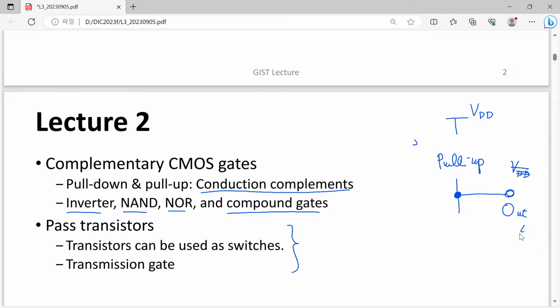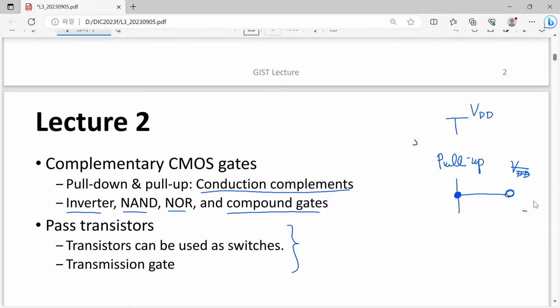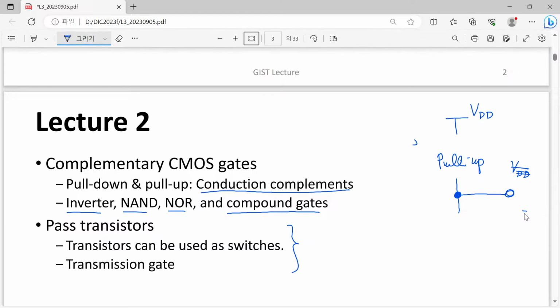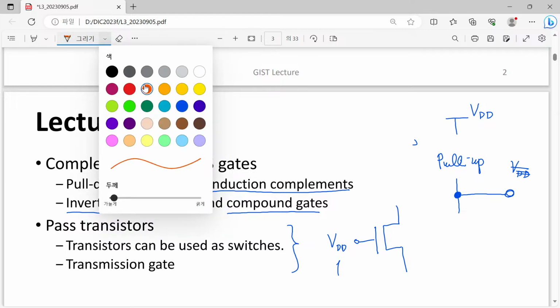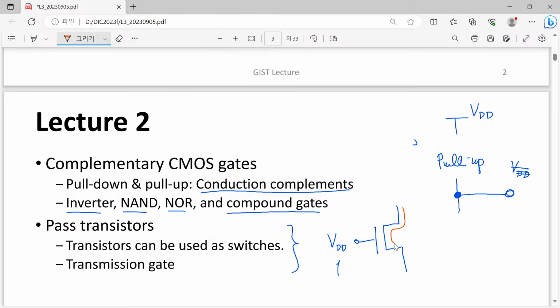Let's think about a MOSFET. If we apply VDD, so logical value 1, then source and drain of our MOSFET are connected.